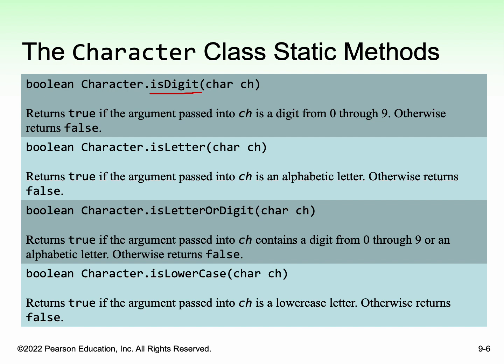The next one is isLetter. It works in a similar fashion, but instead of a digit, it's checking if whatever you're passing is an alphabetic letter, so it will return true in that case, otherwise it will return false.